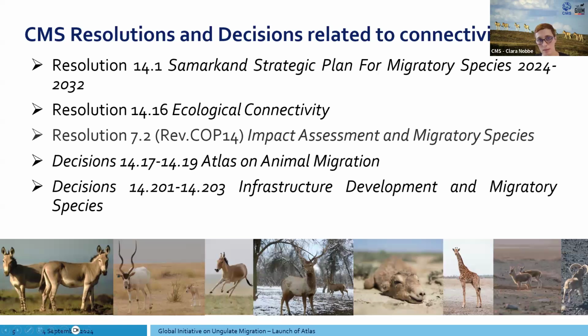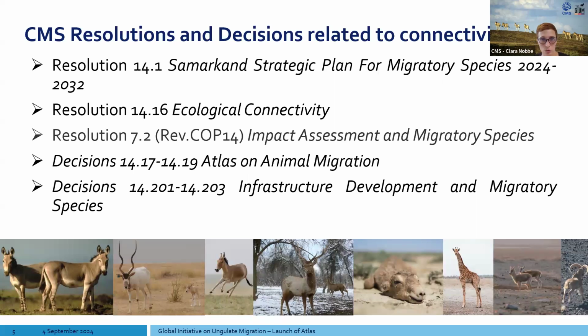Resolution 14.16 on ecological connectivity takes a broader approach to this whole issue, as it is really trying to protect the whole migration system, taking into account also the type of habitat that is required for the species when they move between different habitats.